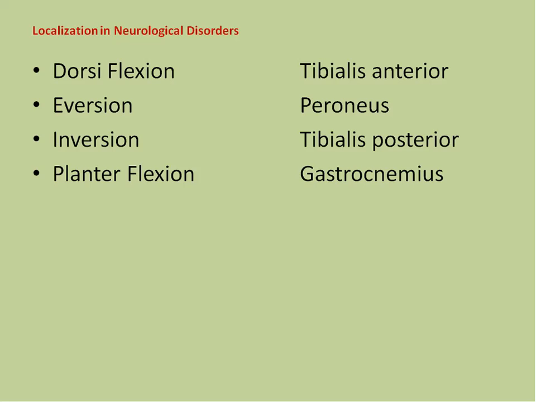If a patient comes with a foot drop and you examine, and the patient can perform eversion, inversion, and plantar flexion, it means the only deficit is in dorsiflexion. Tibialis anterior is not working. The rest of the muscles are working. We should know that tibialis anterior is supplied by the deep peroneal nerve, which is a branch of the common peroneal nerve.